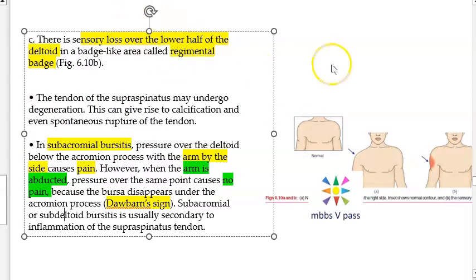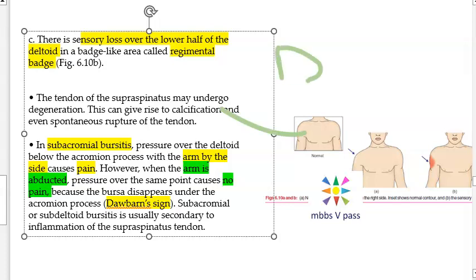Okay. Next, I'm moving on to the last part here. Basically, if the arm is by the side of you and there is pain, however, if the arm is abducted and there is no pain, this is called Dawbarn's sign. This is in subacromial bursitis. So if the arm is by the side, like here, I will show here, there is pain, but if the arm is abducted, there is no pain.